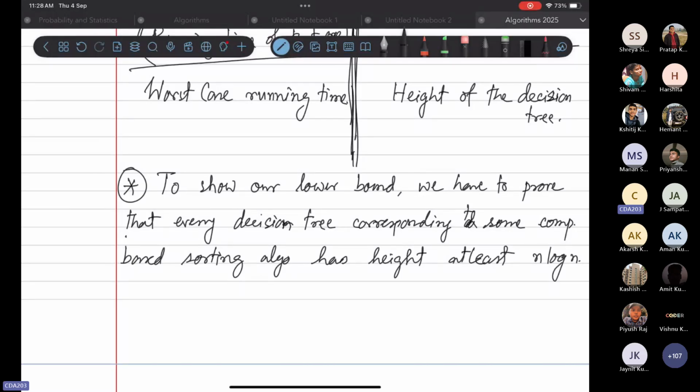Is this clear? Right. So a result that says something about the algorithm, I'm representing the same result in terms of a decision tree. Basically, I have to show that among all possible decision trees that represent some comparison based sorting algorithm, their height should be at least n log n. If I can show that, then we're done.